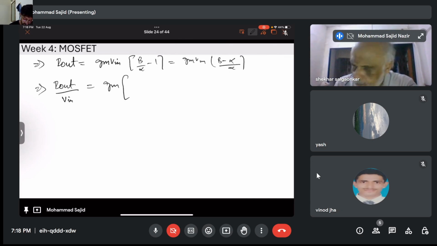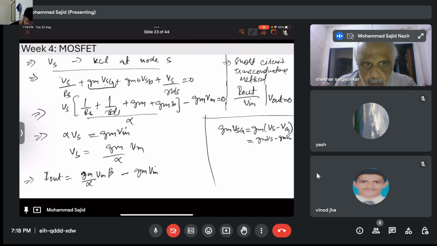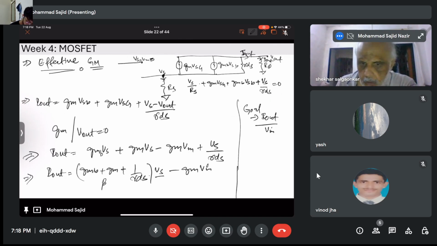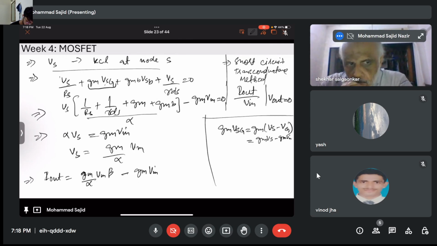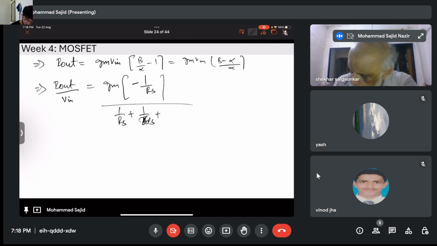Let's now see what is beta. Beta is Gmb plus Gm plus 1 by Rds, and alpha is 1 by Rs plus 1 by Rds plus Gm plus Gmb. You can see three common terms, and it has to be subtracted. So what is left is minus 1 by Rs, right? Divided by alpha. Alpha is 1 by Rs plus 1 by Rds plus Gm plus Gmb.